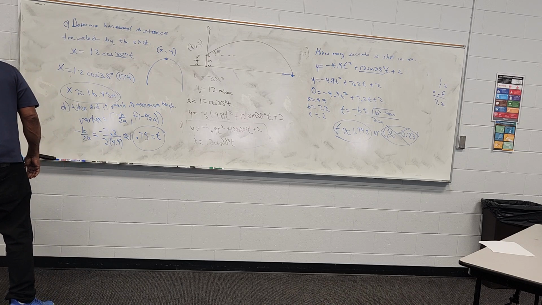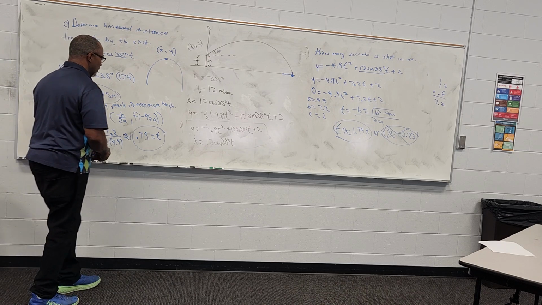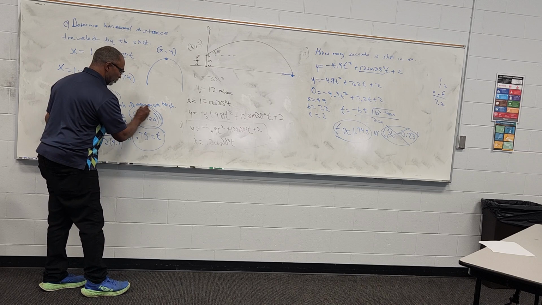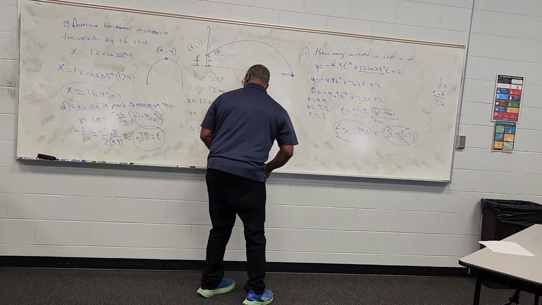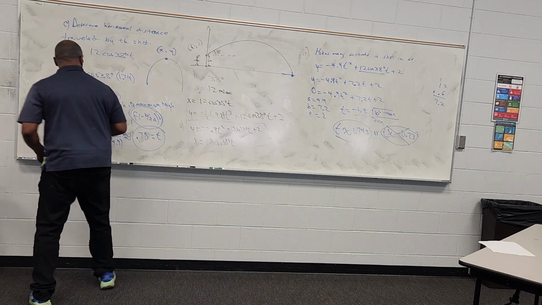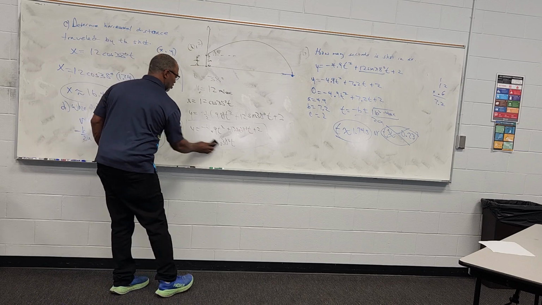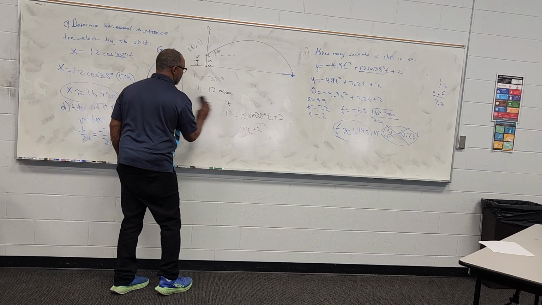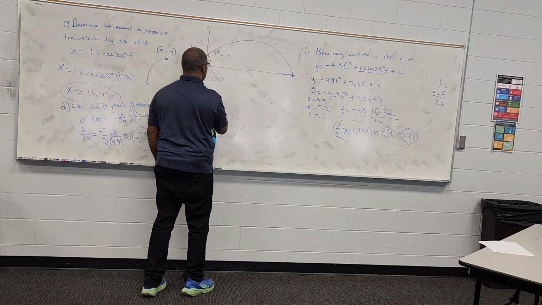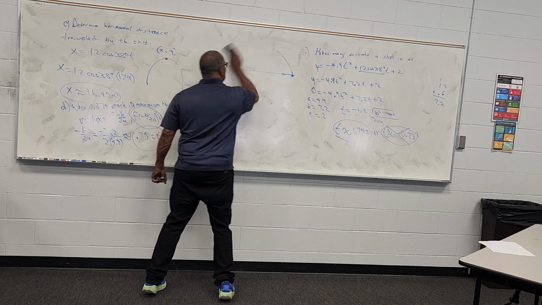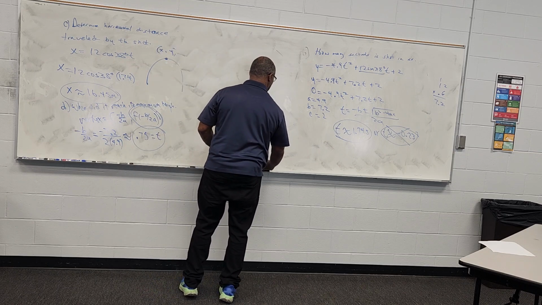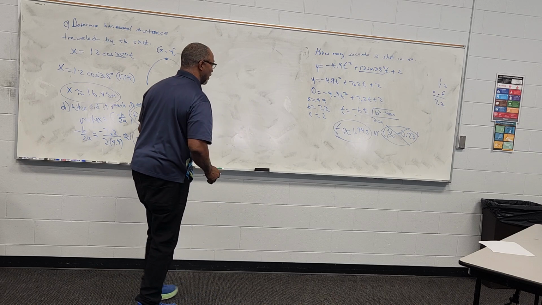And they say the last question is, what was the maximum height? Well, I'm going to have to take my y-coordinate, because again, the y-coordinate gives me the height. The x-coordinate gives me the horizontal distance. We know that the thing was at its maximum height after 0.75 seconds.